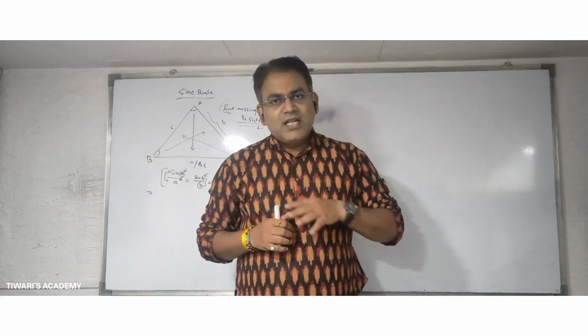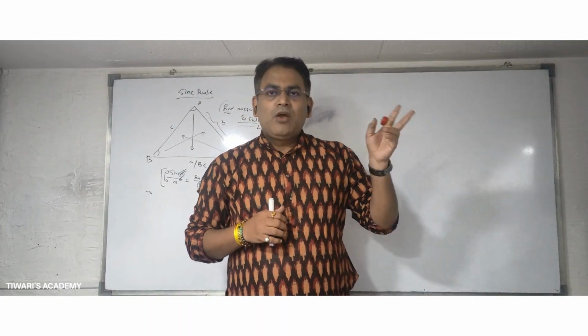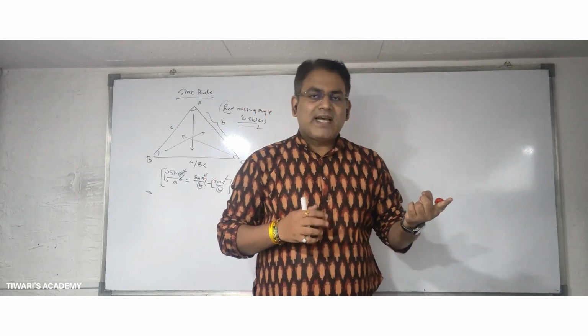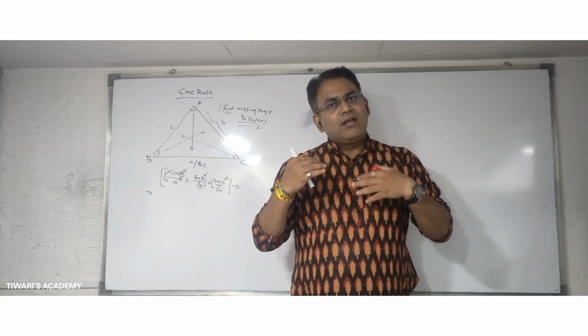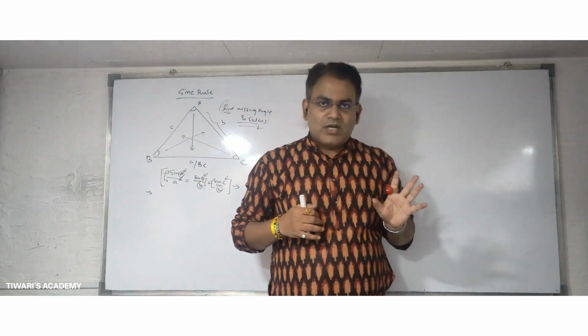So, out of 3 angles and 3 sides, we need at least 2 sides and 1 angle, or 2 angles and 1 side, in order to find the missing angle or missing side. This is exactly what your sine rule is all about.